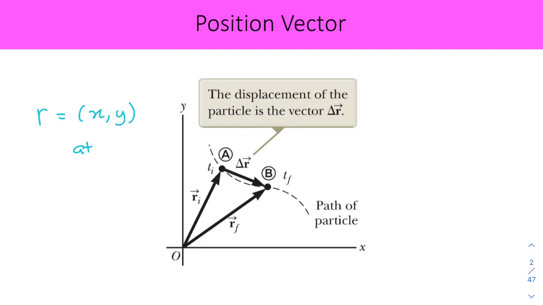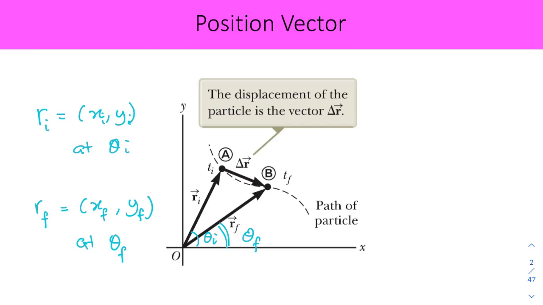Let's say for the initial it is theta initial. So this is for R initial. For R final, you have the X and Y final information at theta final angle. Here is your theta final.